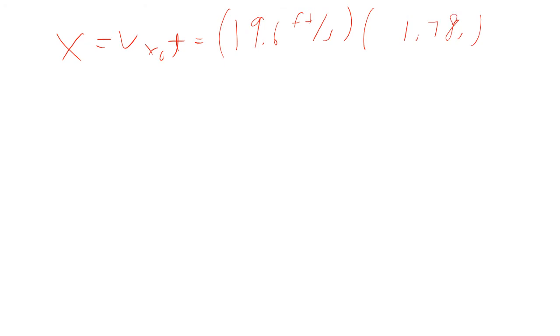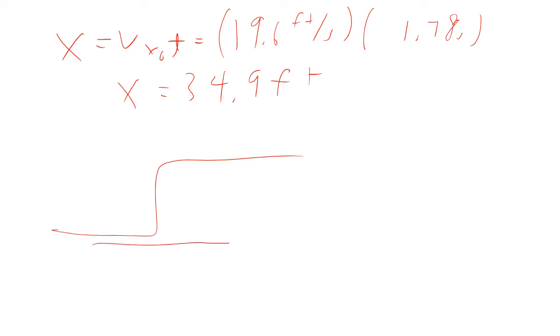Okay, so now we have the number. We know that x is going to be Vx naught t. So x is going to be equal to 19.6 feet per second times the 1.78 seconds. So x is now going to come out to be 34.9 feet. Well, if we remember, 34.9 feet from where the person started, but the person was standing 25 feet from the edge.